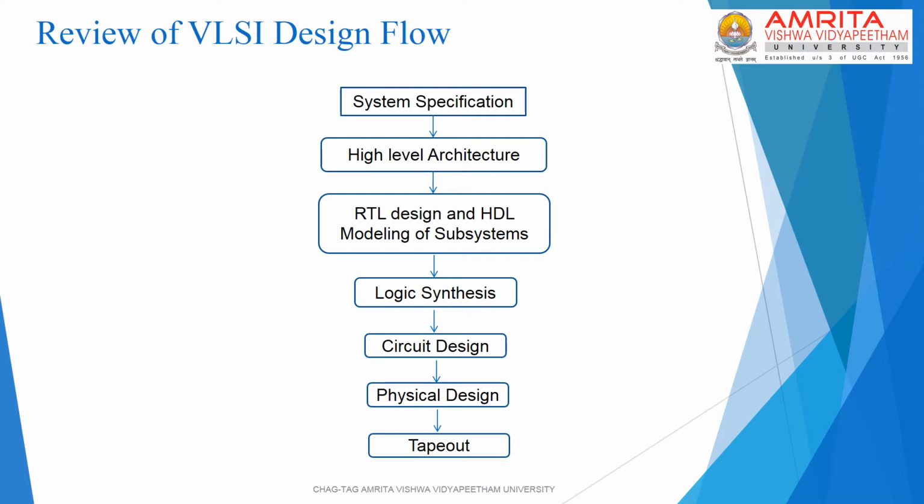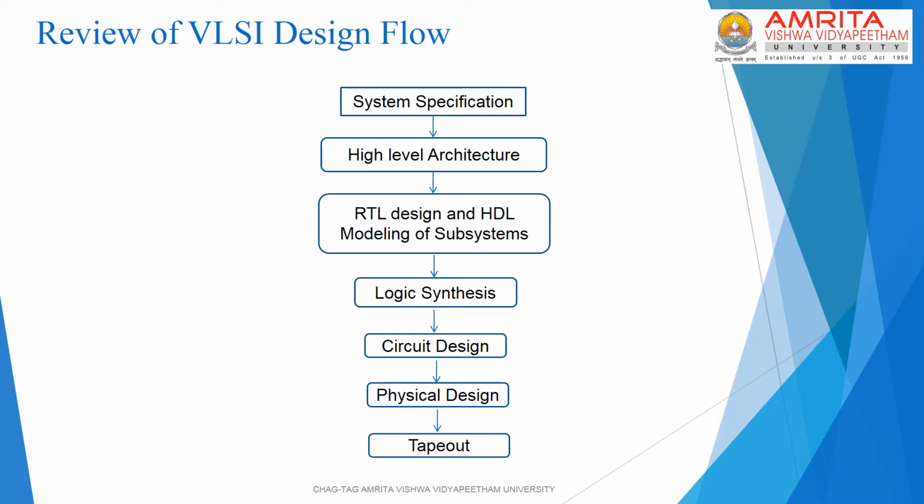The mechanical specifications pertain to the dimensions and the packaging and so forth, whereas the electrical specification deals with the type of interface voltages that the chip is supposed to support, and also the drive current that each pin is supposed to handle, and also the power supplies that are typically going to be used by the chip.